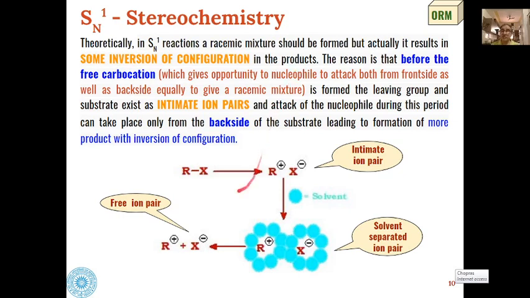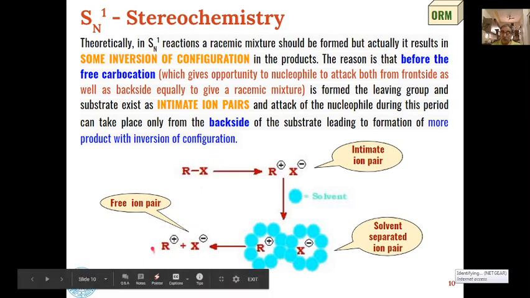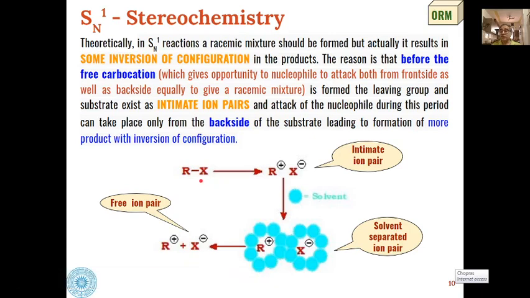So the reason for that is that what we have seen is that the nucleophile will get attached to the carbocation. Now, before the carbocation is actually formed, there are a few stages. First, this will form an intimate pair.